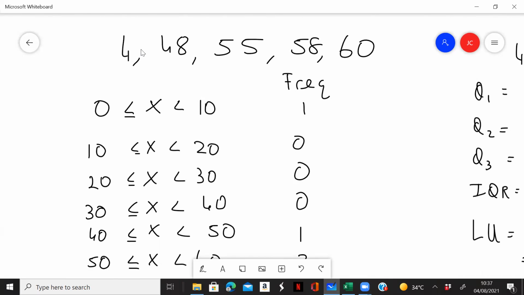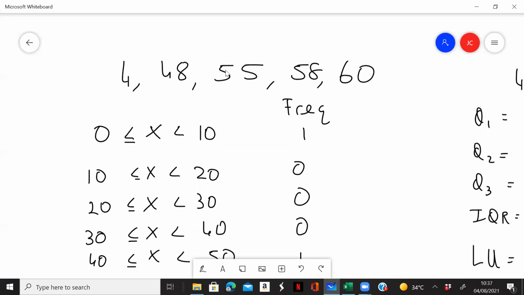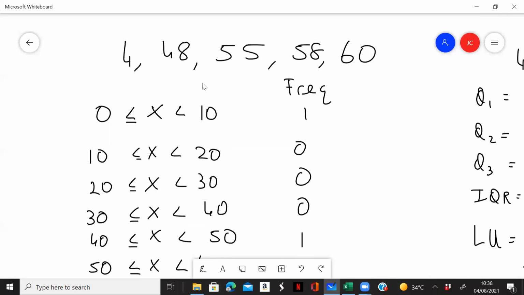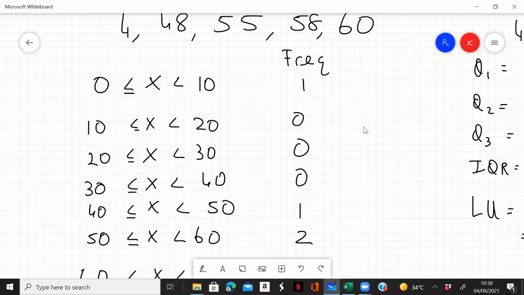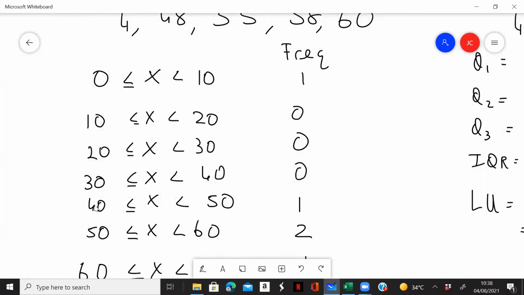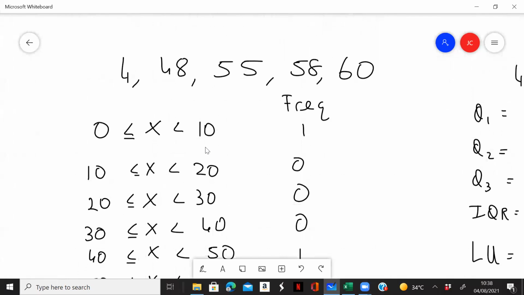If I had a 10 in here, I wouldn't include it here, because the next one is from 10, not larger than 10, but from 10 to strictly less than 20. As you can see, I have no numbers from 10 to 20, no numbers from 20 to 30, no numbers from 30 to 40. Then I have equal or larger than 40, less than 50, and so I have this one number here, 48.